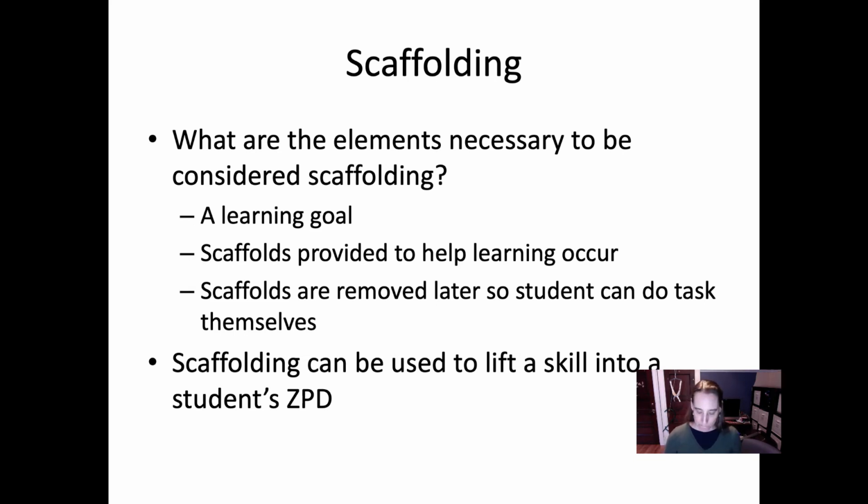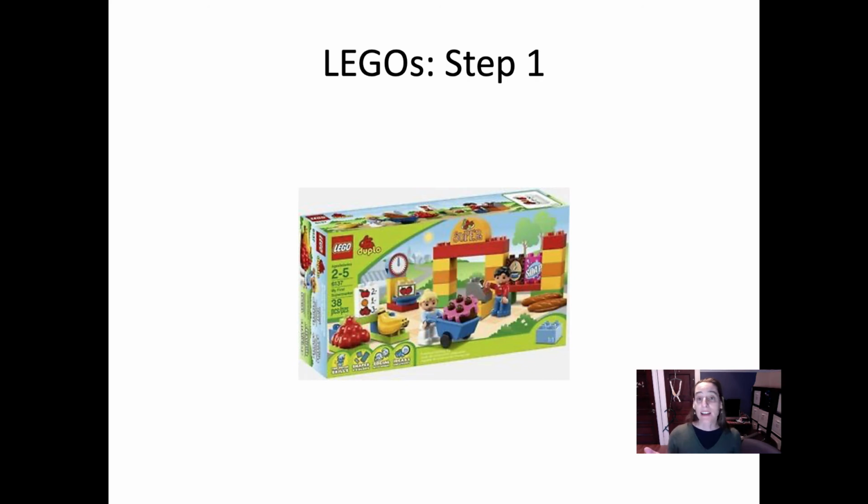Okay. All right, so let's look at Legos. We have these Duplo Lego sets. And so Duplos are useful because they're extra large, and small children don't have the dexterity to put together small Legos and especially take them apart.